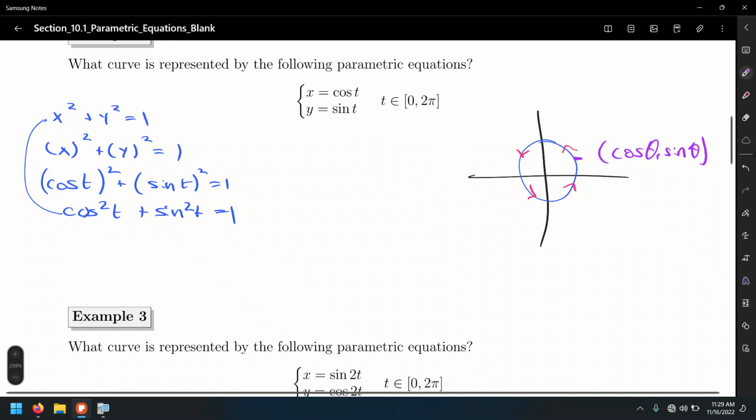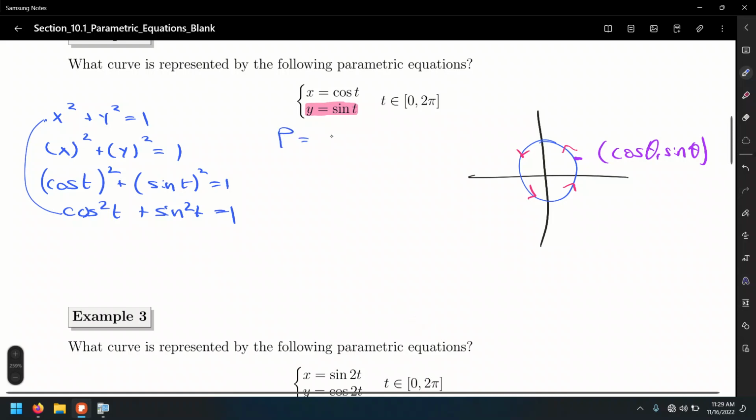All right, and let's do some comparison here and also graph its rectangular version. For the rectangular version, I think it's pretty straightforward if we just graph the y equation, because y equals sine. We know what the graph of y equals sine looks like. Let me find the period. I know it's kind of silly to write down the calculation of the period, but I'm going to do it because we're going to do some contrast in the next example.